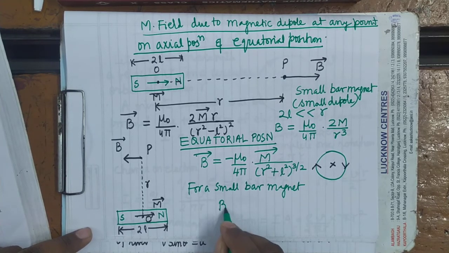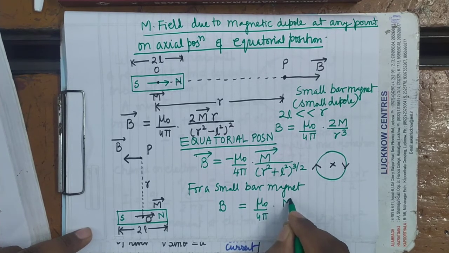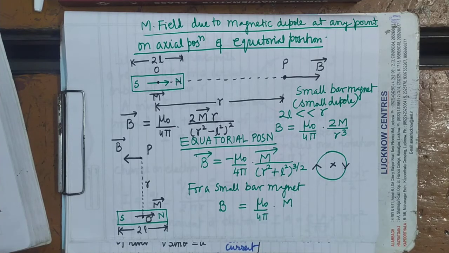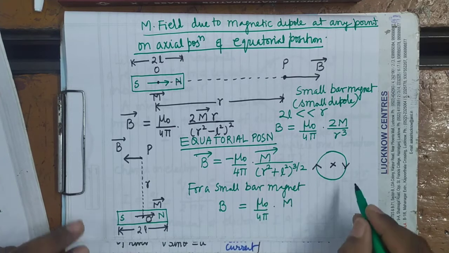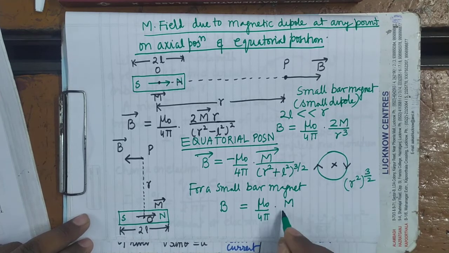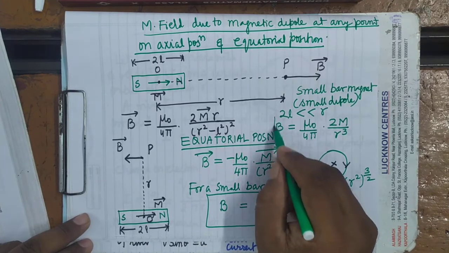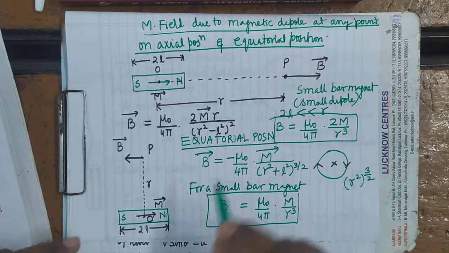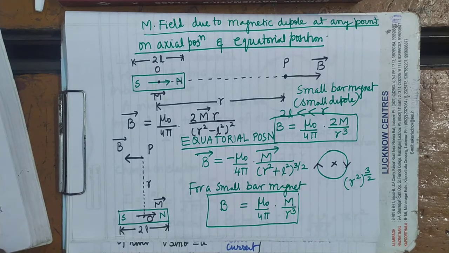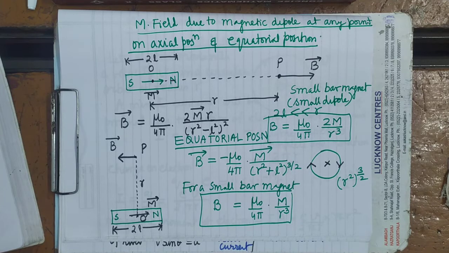Now, for a small bar magnet, B equals mu naught upon 4 pi, m, and when you neglect the term of L, it will be r square power 3 by 2. When you simplify, it will be r cube. It's clear. This is the formula of the magnetic field due to a small bar magnet on the equatorial position.